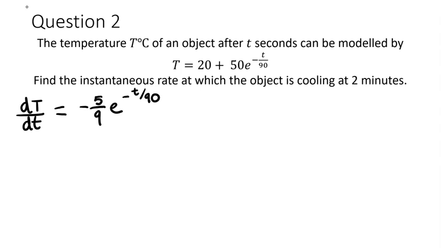So we want to find the rate at which the object is cooling at 2 minutes. So for any value of t, this will be the rate at which the temperature is changing. So at the instant of 2 minutes, what is that going to be? Now, just be careful, because we're told that this is after t seconds, but I want to find it after 2 minutes.